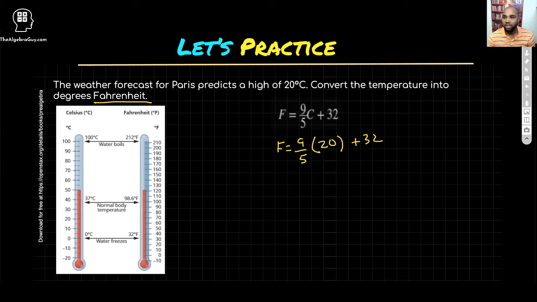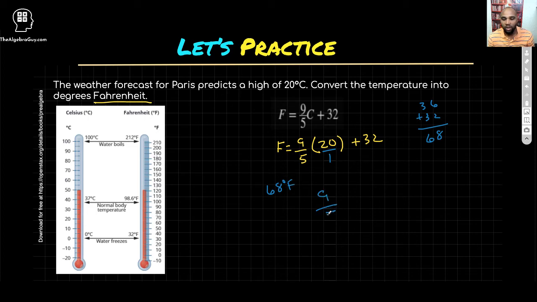And again, I'm going to see the relationship between this 20 and this 5, because this is the same thing as 20 over 1. And I see 20 divided by 5. Well, 20 divided by 5 leaves me a 4 up top. 4 times 9 is 36. 36 plus 32 is 68. So I know that this is going to be 68 degrees Fahrenheit.